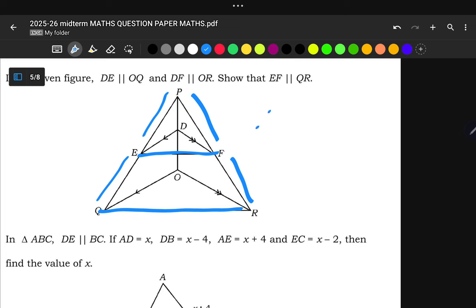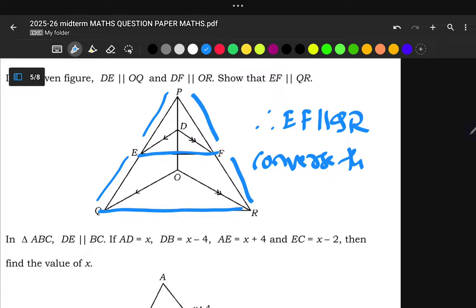Therefore we conclude that EF is parallel to QR according to the converse of Thales theorem.